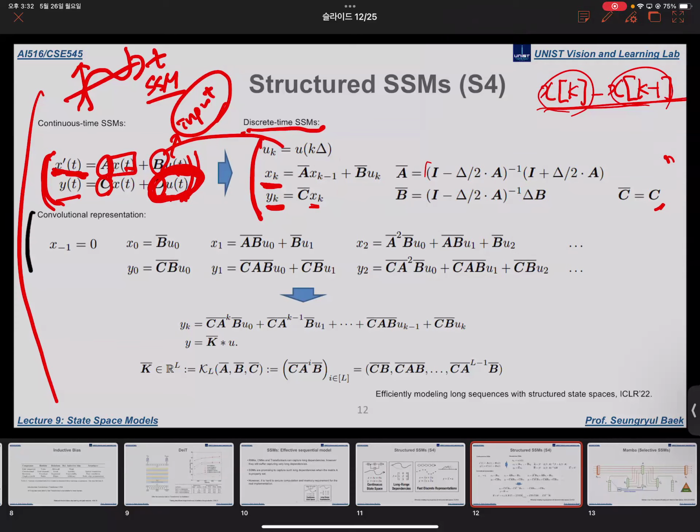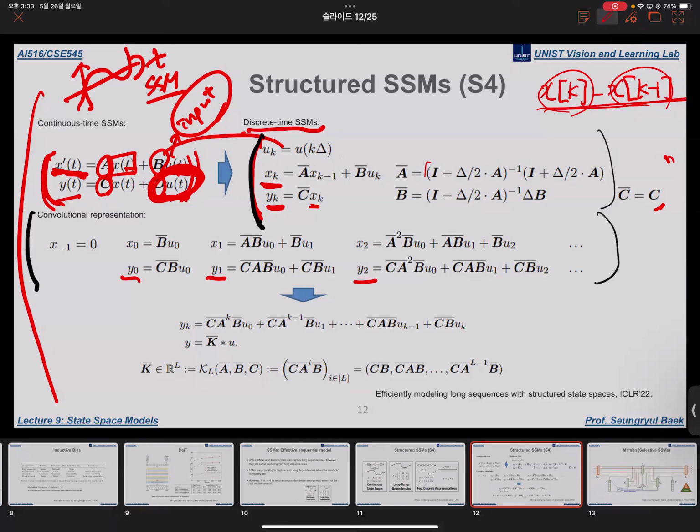And next, by converting the overall formula into the discretized version, what they did next is they calculate the output for each k one by one.